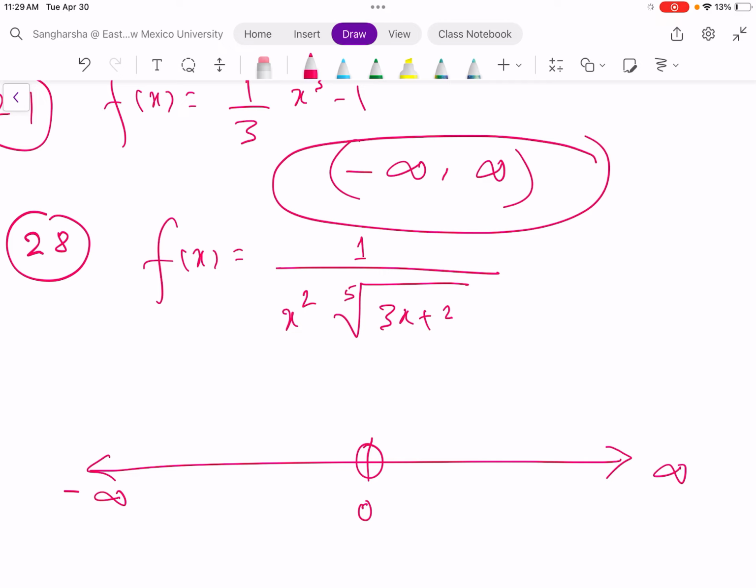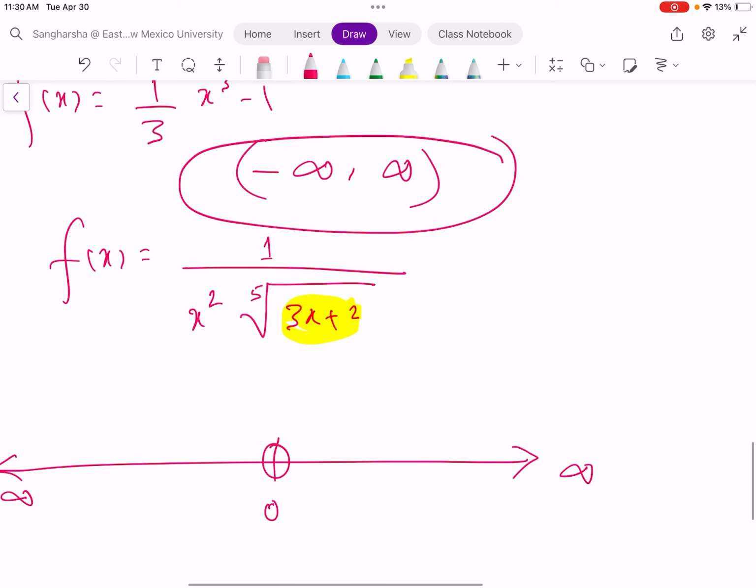So what if we choose x equals -2/3? If x is -2/3, we have the fifth root of 0, and the fifth root of 0 is 0. Okay, so what you can do is write this expression equal to 0 and solve for x.